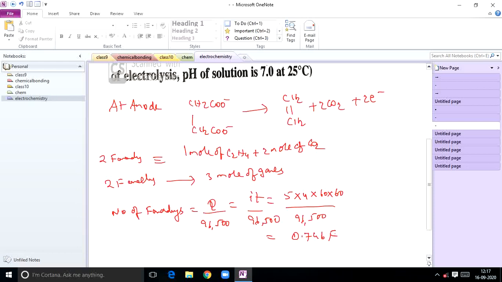So the number of Faradays is 0.746. The gases produced at anode are collected separately at 25 degrees Celsius and 1 atmospheric pressure.